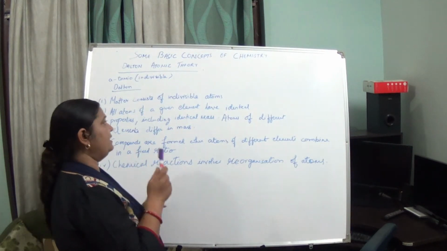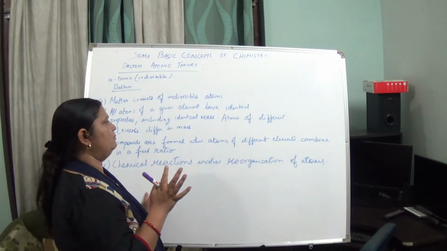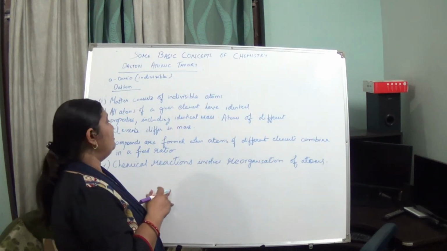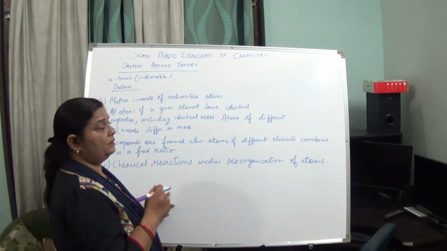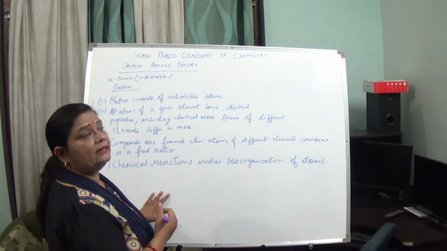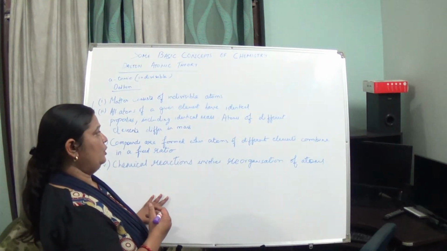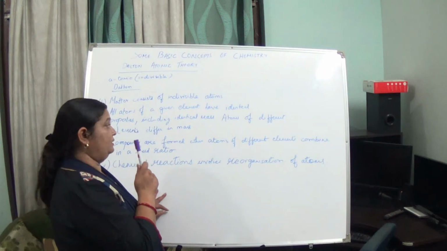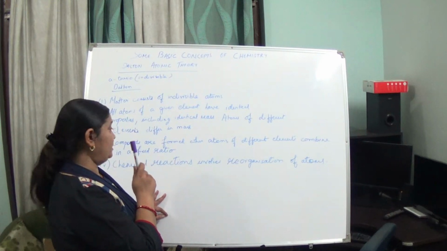He said that all atoms of any given element have identical properties and identical mass, but different elements differ in their mass. To explain this at that time was difficult, but by the reactions he could find it out. So he had done a very important thing at that time.